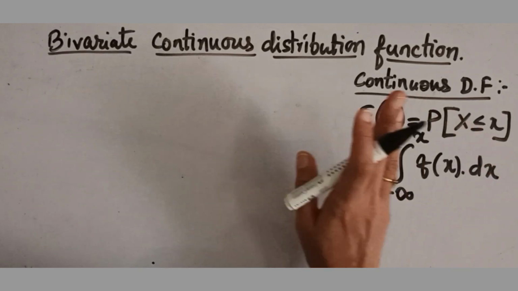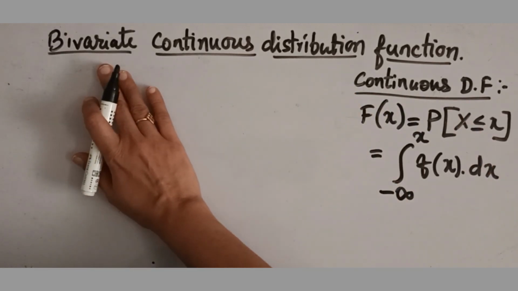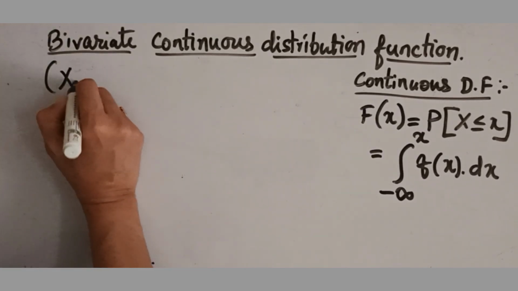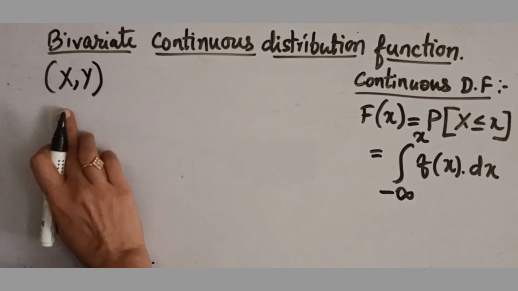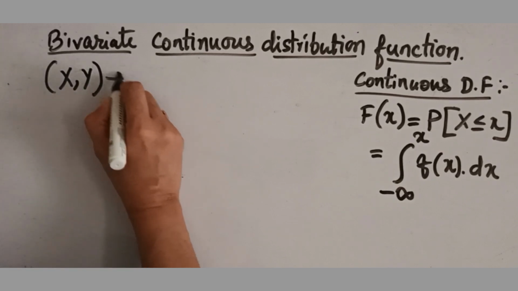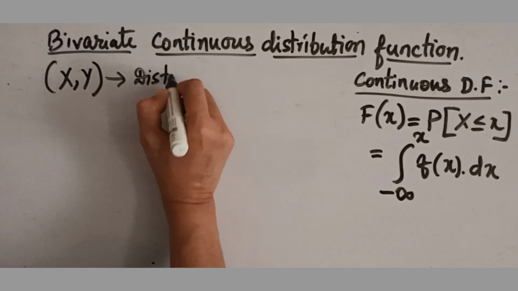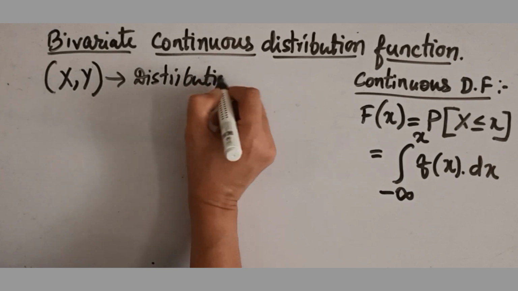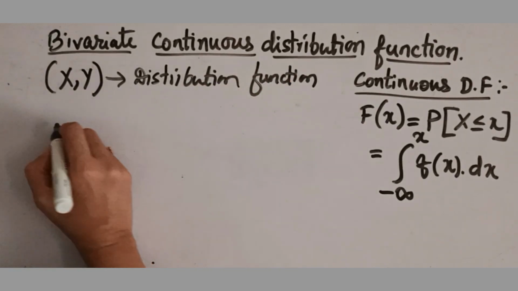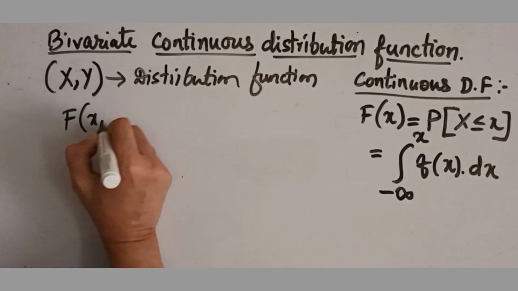Now, analogous to this, the bivariate continuous random variable is denoted as the ordered pair (X, Y). Its distribution function is denoted using capital F of x comma y.